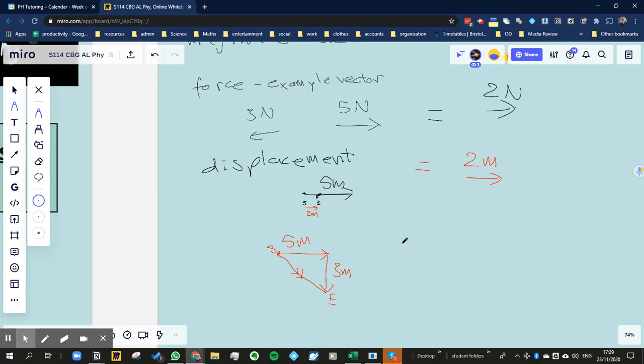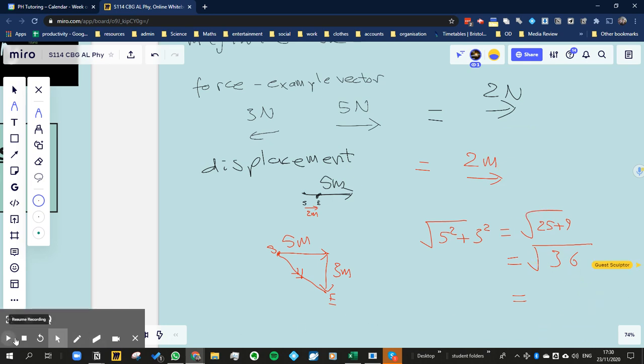So the displacement is going to be the square root of 5 squared plus 3 squared, which is going to equal the square root of 25 plus 9, which is the square root of 36. The square root of that would be 6. So the resultant displacement would be 6 meters.